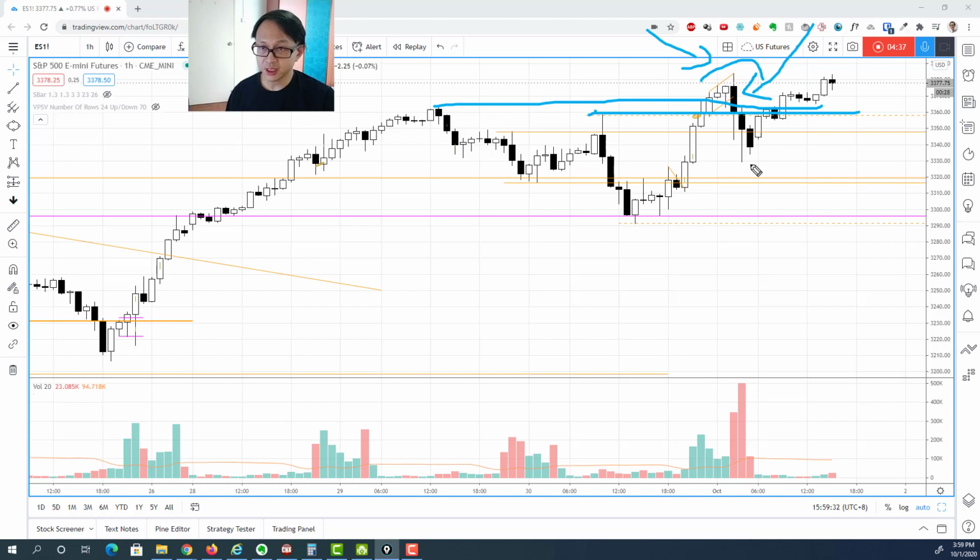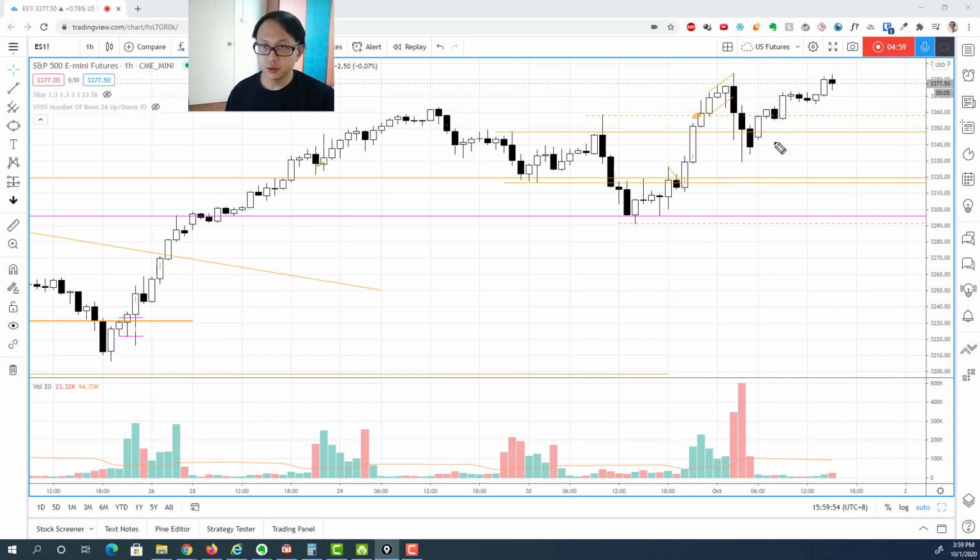But fortunately, I think the constructive sign for the bullish case is that we do not really see a huge loss of the results. In fact, we have seen these two demand tails, and it didn't really go all the way down to the 3300 level. So I think this is more constructive.